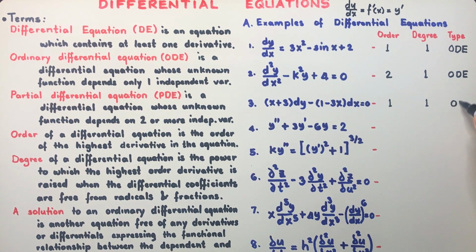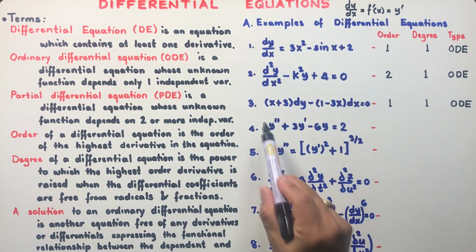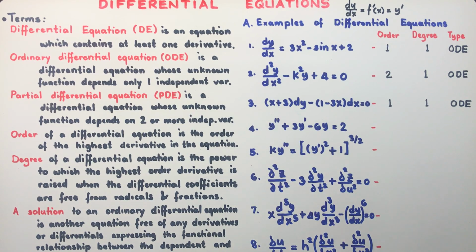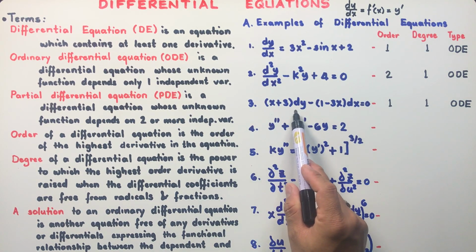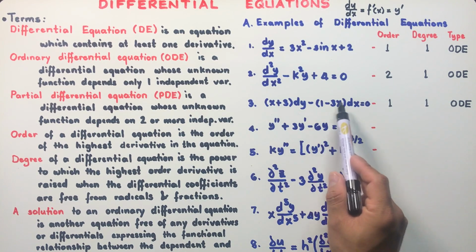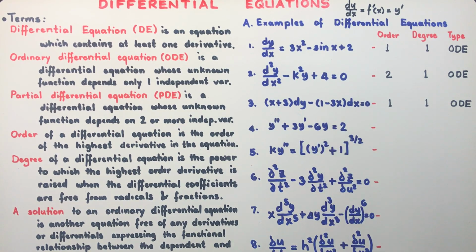This is an ordinary differential equation. Now, this is an example of a differential equation wherein it is written in a form of differentials. You see here only dy that is multiplied to x plus 3, and you see here only dx which is multiplied to the binomial 1 minus 3x.